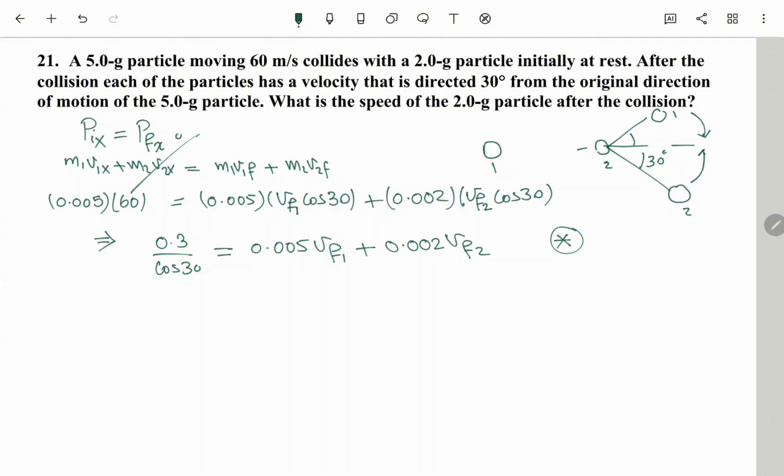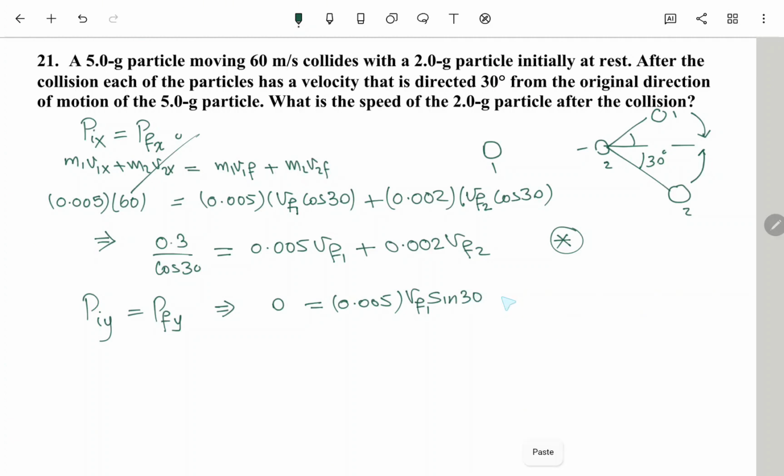Now from the y component of the momentum, P initial y equal to P final y, and there is no y component before the collision, so 0 equals 0.005 v1 final sine theta.